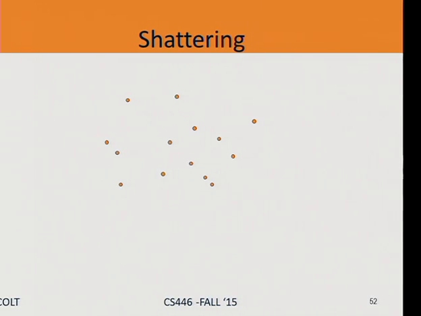And the number of possible labelings that a given function or a given function class can deal with, can label this, is going to be related to this expressivity. So let's start small. So here are 2 points. How many different labelings do I have for 2 points?